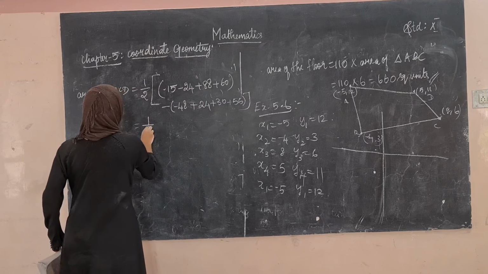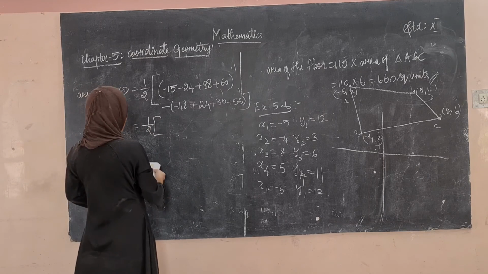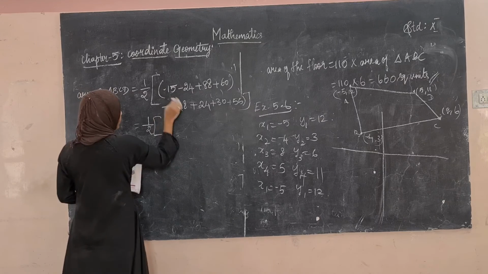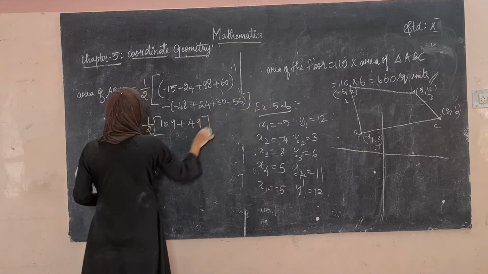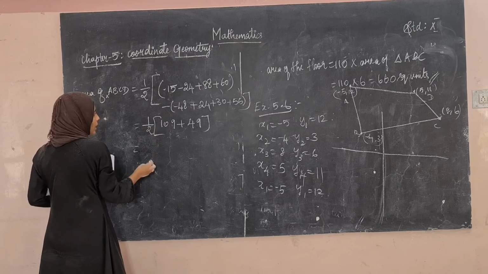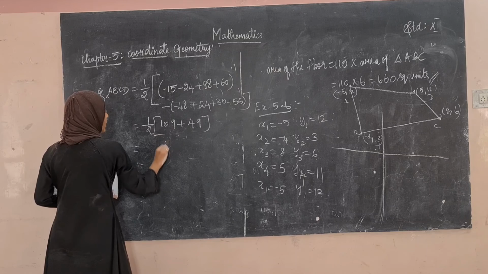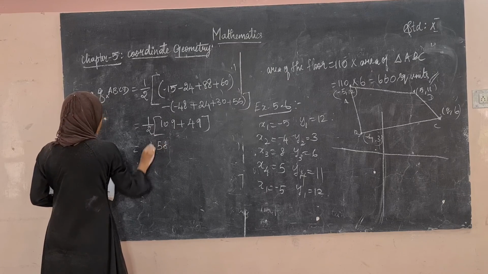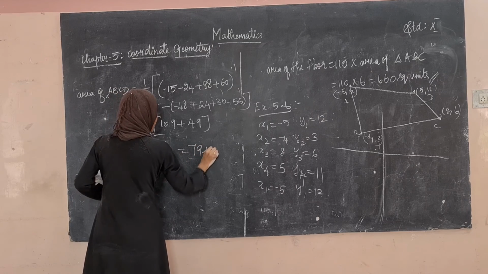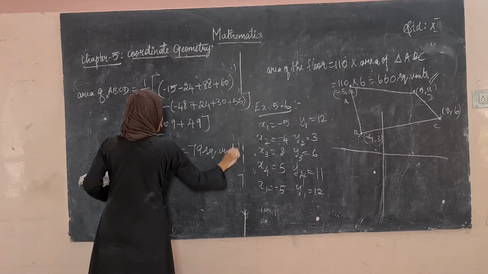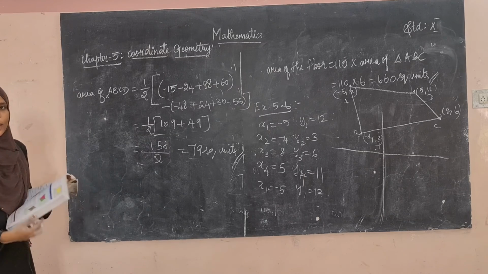Okay, 1 by 2 into, what is the answer? This is 109 plus 49, which is 158. So 158 divided by 2, which is equal to 79 square units. So the area of the quadrilateral is 79 square units.